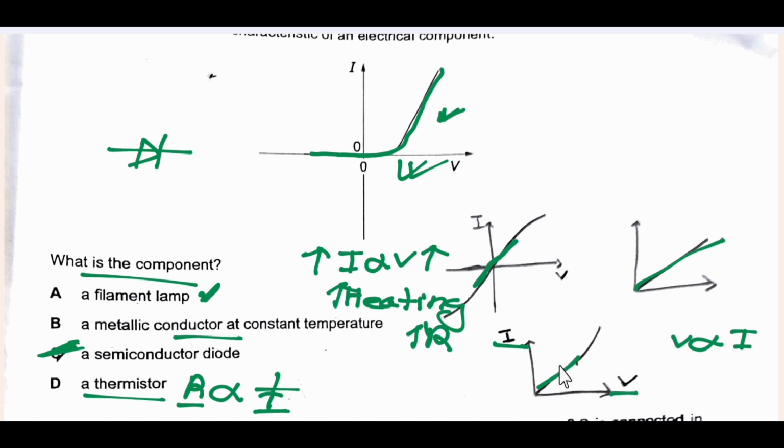Then as current increases, the heating effect increases, thus temperature increases, and as temperature increases, resistance decreases, and as resistance decreases, current again increases. So current increases at a higher rate. So this is the IV graph of a thermistor, that is D. But our actual answer is semiconductor diode, that is option C.